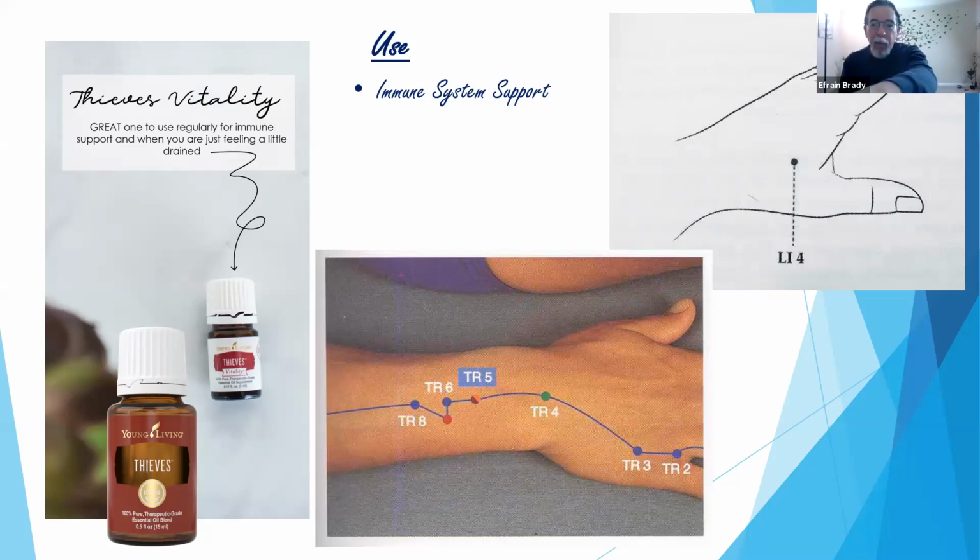Yeah, we saw these two already, but this is one of the places where I use Thieves, in both of these. The TR5 is the one that I showed you a few minutes ago. It's the one that we are going to stimulate this way. And the LI4 is just, there is a V here. You just place your finger.